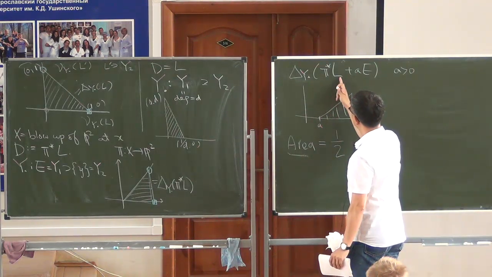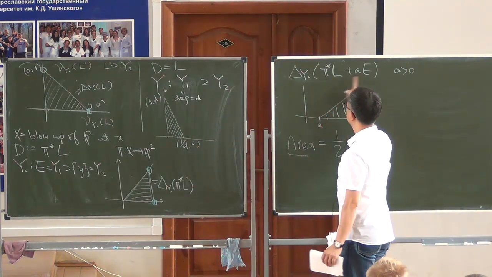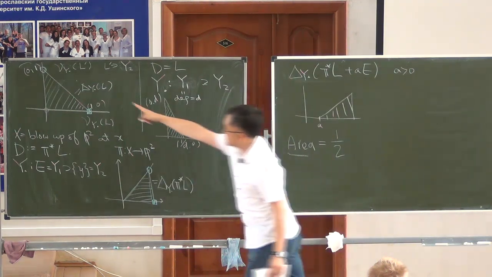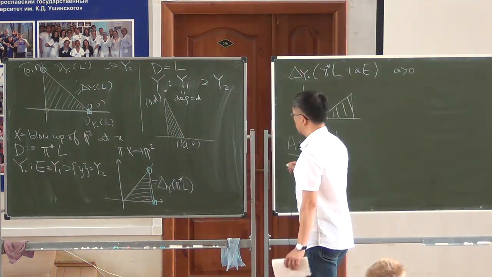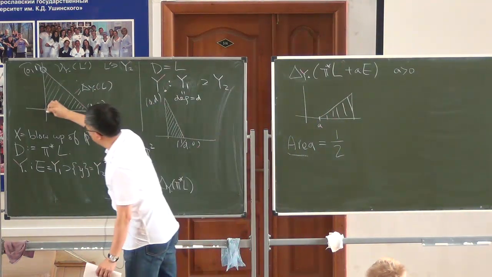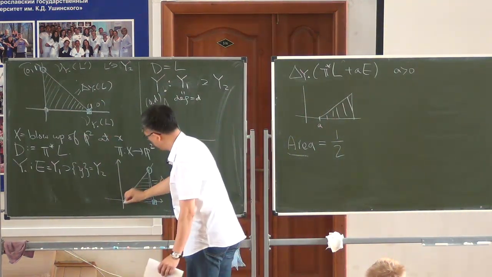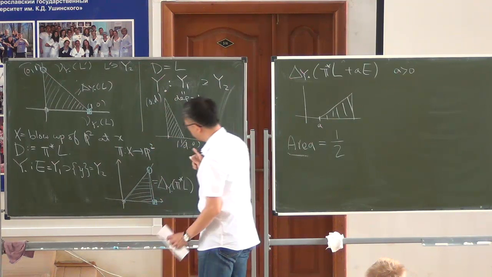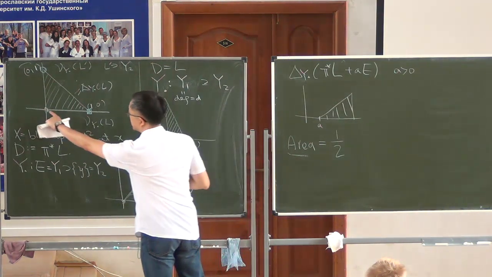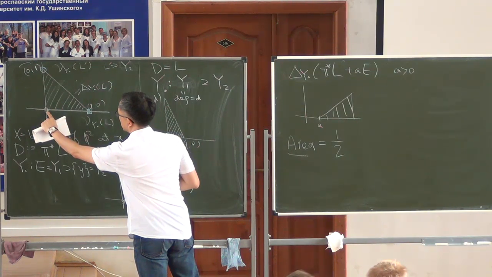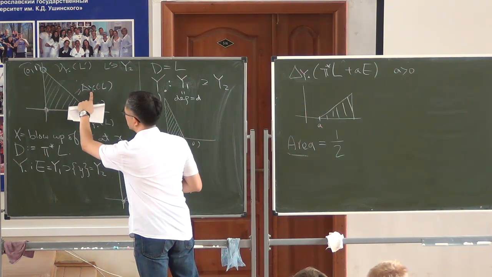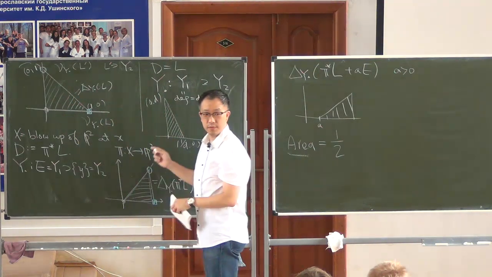If you see the original divisor, this is not NEF, but all these divisors are NEF, and they all contain the origin. Later I will show that if for any flag the origin is contained in the Okounkov body, then the divisor is NEF.